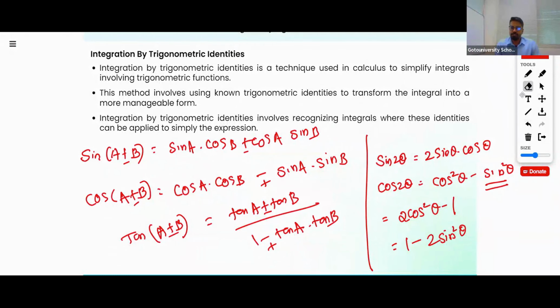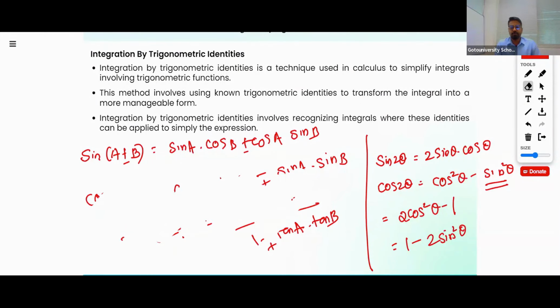Because of this relation, I can write cos theta in terms of cos 2 theta as well as sin theta in terms of cos 2 theta. How? If I use this one, cos 2 theta, so what is cos square theta then?